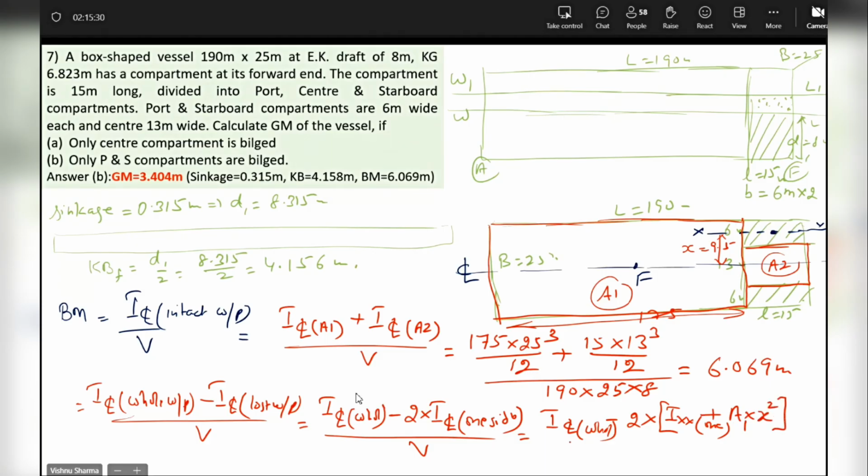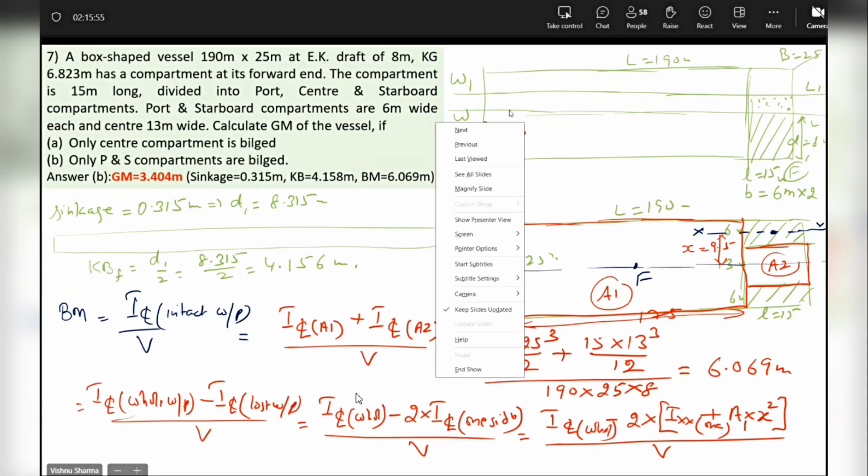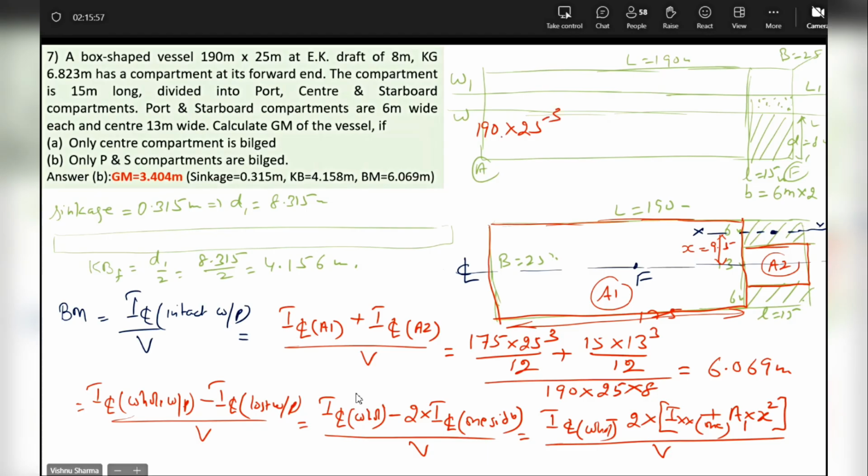Correct, beta? By theorem of parallel axis, do you agree with me? Yes, sir. And somebody who wanted to know about theorem of parallel axis, is that clear? Yes, sir. So now ICL of the whole will be LB cube by 12, that is 190 into 25 cube by 12.